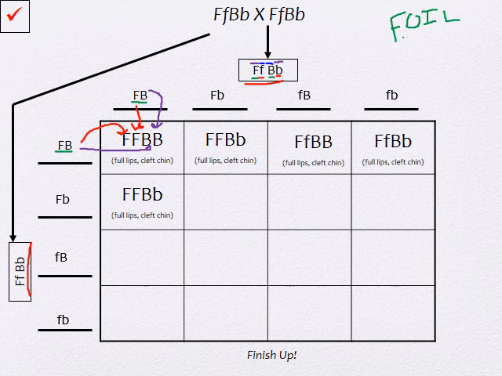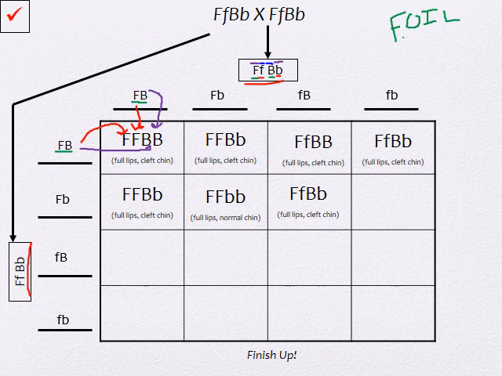For our second row, we've got big F, big B, little b, once again giving us full lips and a clefted chin. For our second, now this is where things change a little bit, we've got 2 big F's and 2 little b's. So we'd have big F, little b, giving us full lips but a normal chin.